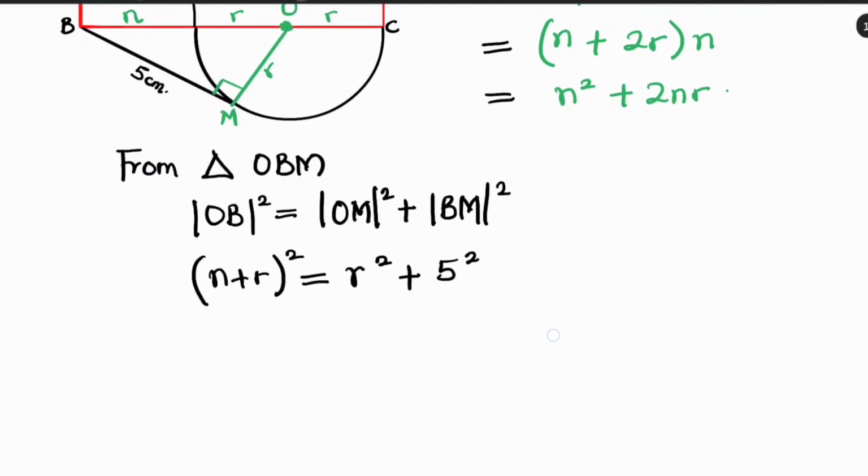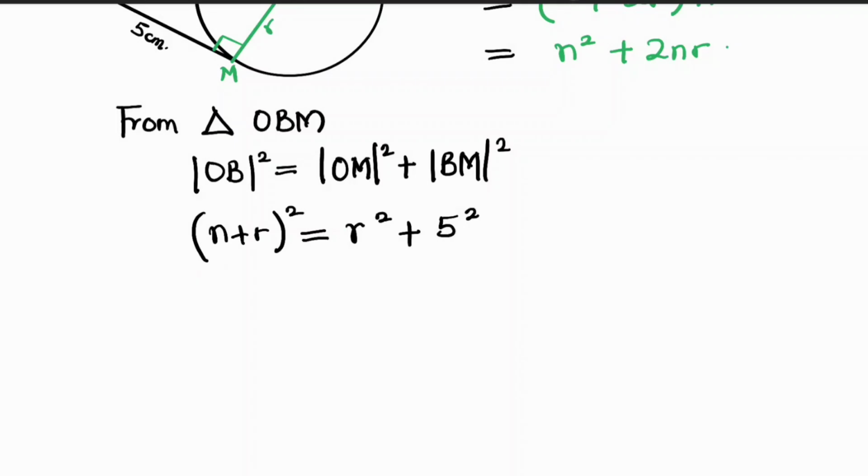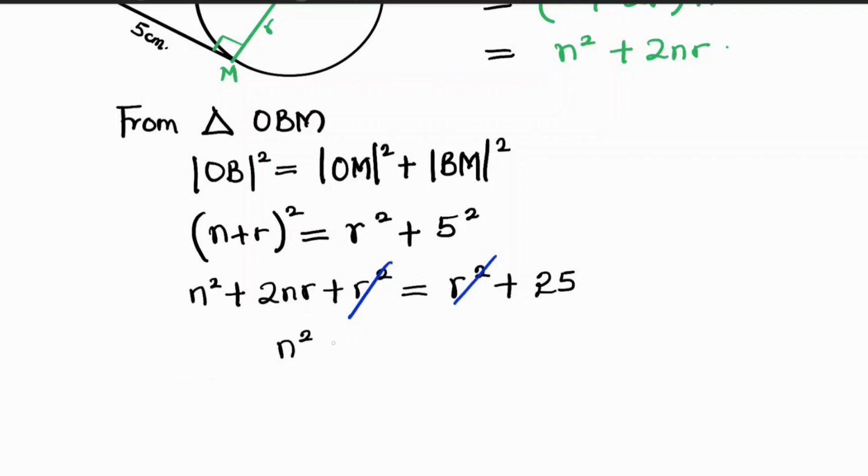By expanding our left hand side, that will give us N squared plus 2NR plus R squared, which is going to be equal to R squared, that is our right hand side, plus 5 squared giving us 25. From the look of things, you can see that R squared can easily cancel R squared. So we have N squared plus 2NR is equal to 25.